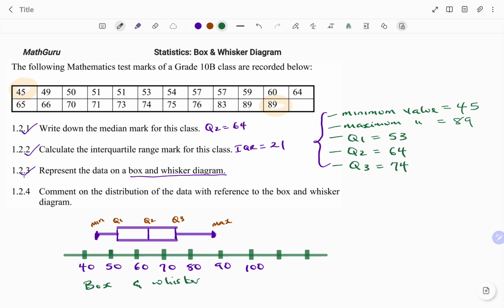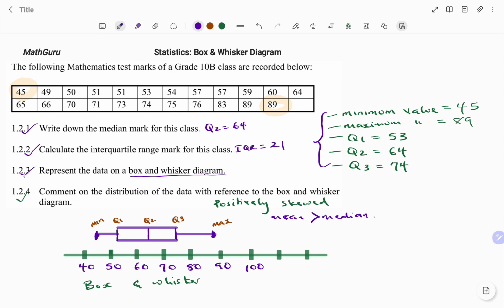And to comment on the distribution of the data with reference to the box and whisker, I can say that this is positively skewed. When you have a positively skewed box and whisker or distribution, what it means is my mean is greater than my median.